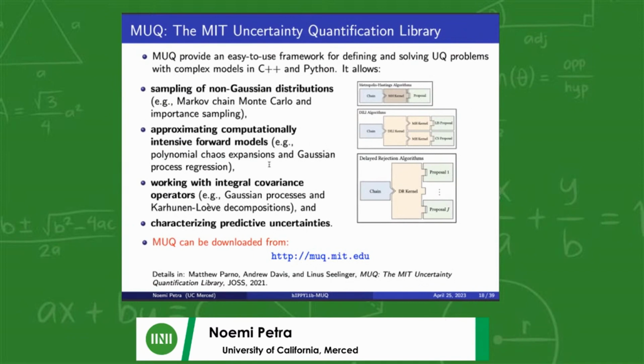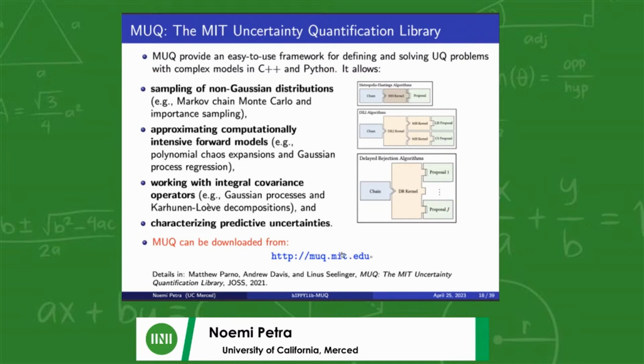Okay, so MUQ, I will not go too much into detail here because I am not actually involved in the development of MUQ. I would like to mention the following reference, the MIT Uncertainty Quantification Library, a very recent publication by Matt Parno, Andrew Davis, and Linus Seelinger.